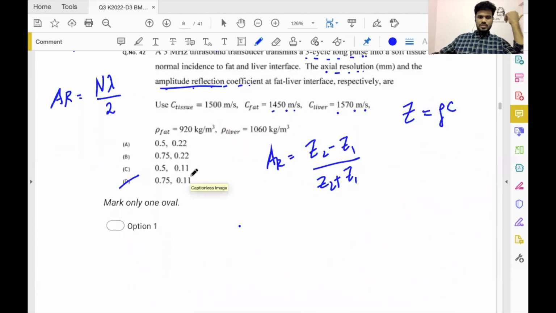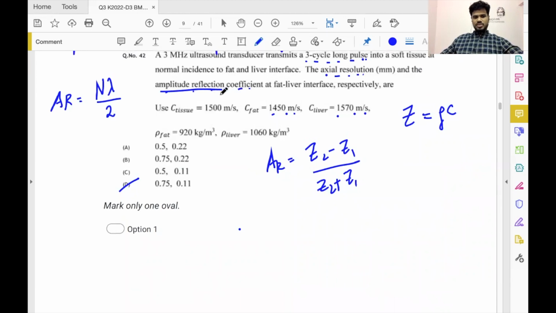What was the amplitude reflection coefficient? That is, what amount of amplitude does it get back? In this case, it's 0.11. So, what is the loss corresponding to 0.11? That will be 20 log of 0.11, and that is the second chunk here.